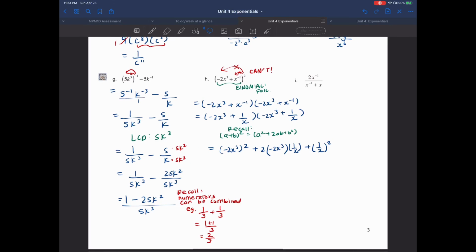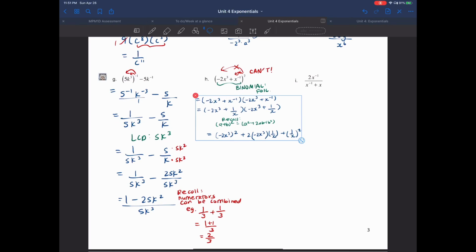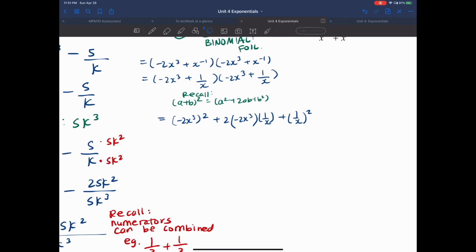Next, I will have, well, -2 squared is 4. So I'll have 4x to the exponent 6, because 3 times 2 is 6, plus 2 times -2, that portion is actually equal to -4.